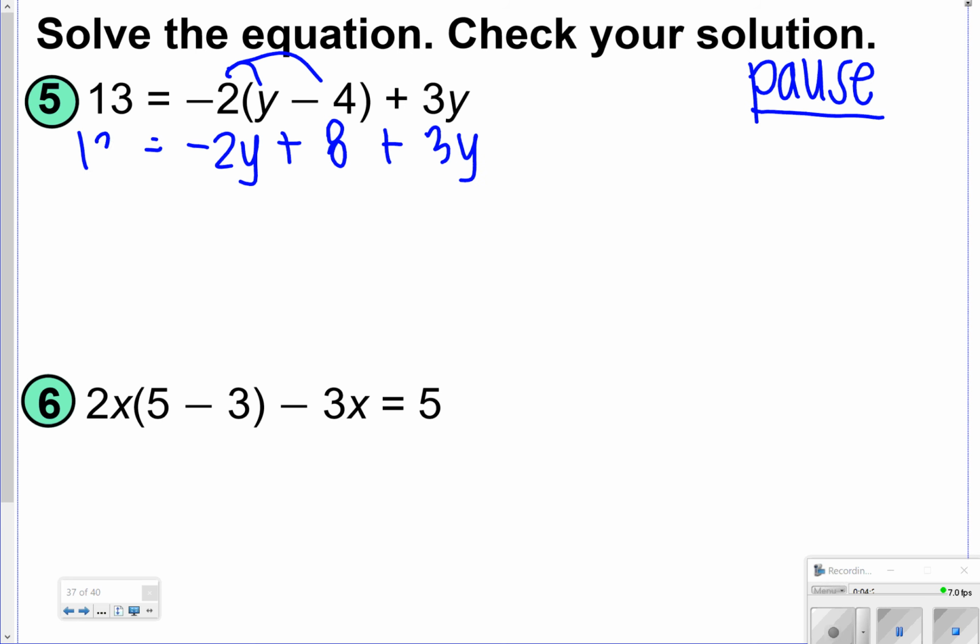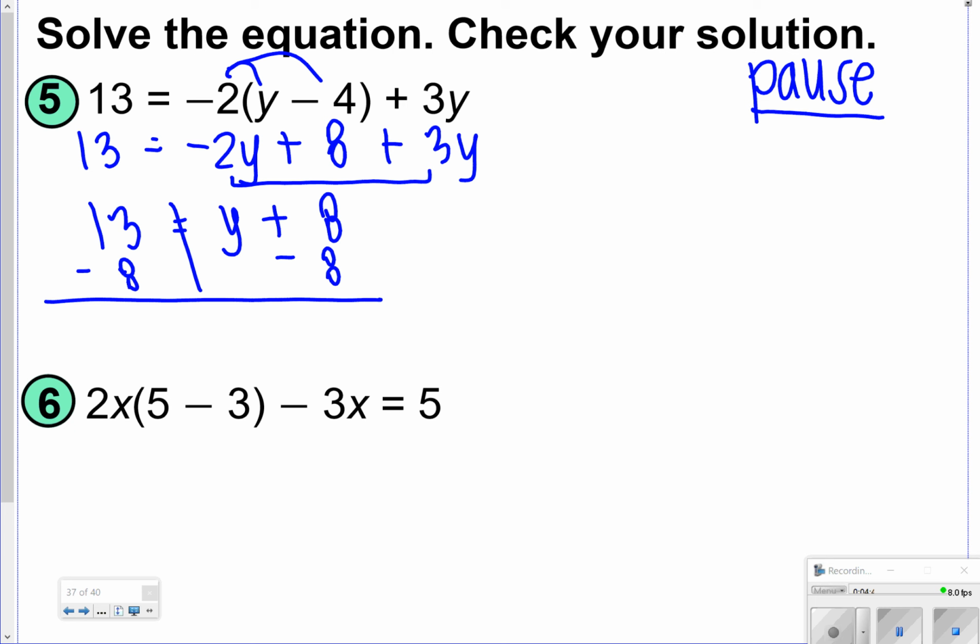Okay. Now I can combine like terms. Negative 2y and 3y just gives me 1y, or y. So a lot of my work is already done for number 5. And then I'm going to subtract 8 from both sides, so that y is equal to 5. Okay?